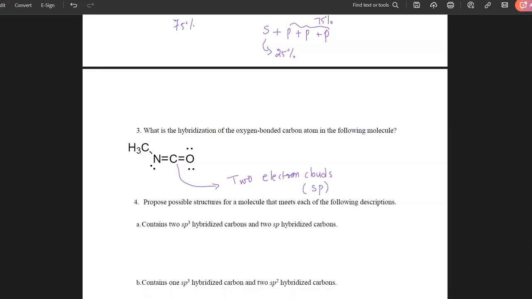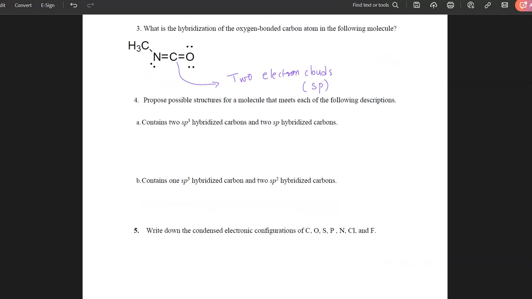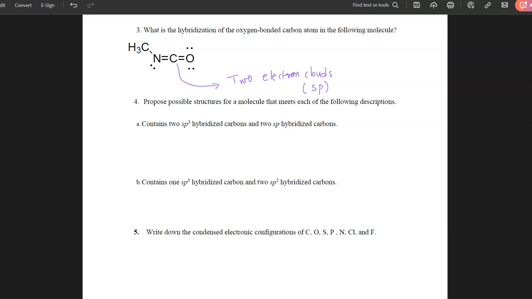Alright. Next, propose structures for a molecule that meets each of the following descriptions. You have to draw a molecule which contains two sp3 hybridized carbons and two sp hybridized carbons. We can draw the sp3 by having 4 sigma bonds.